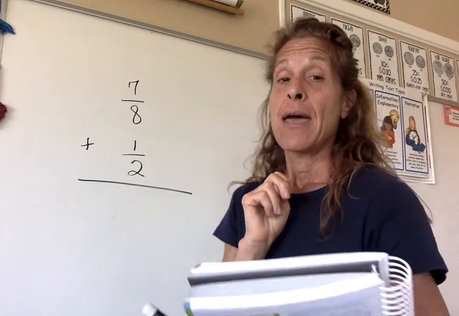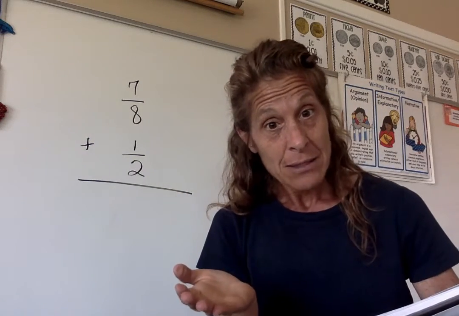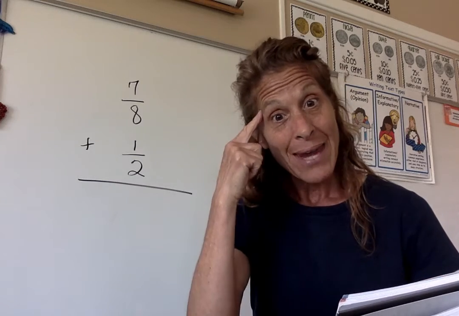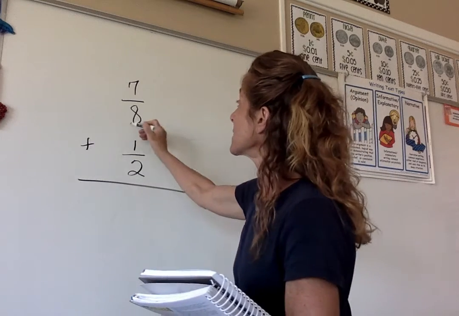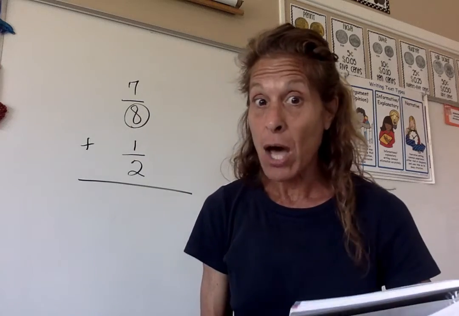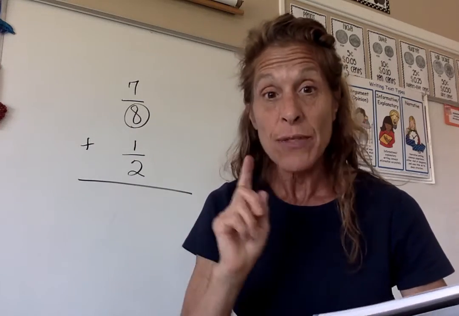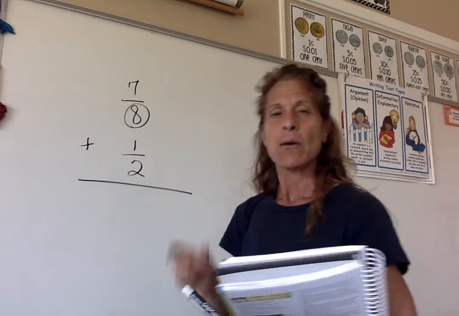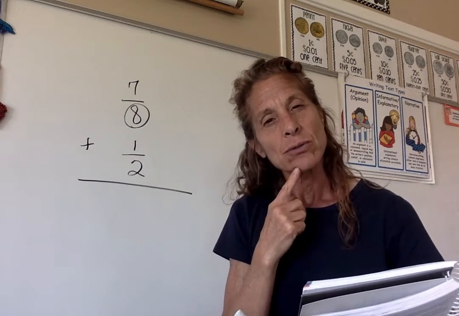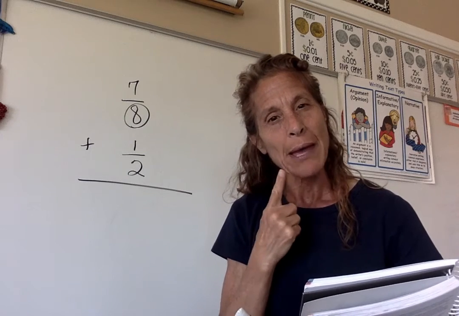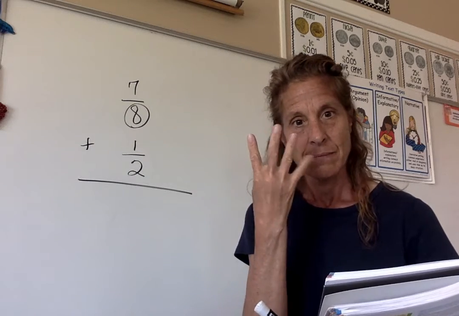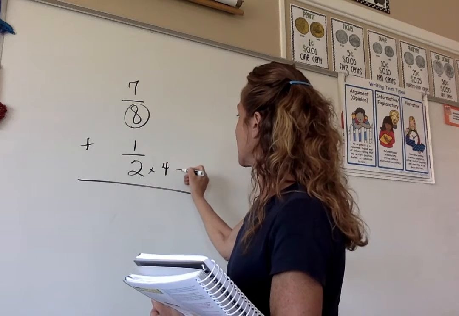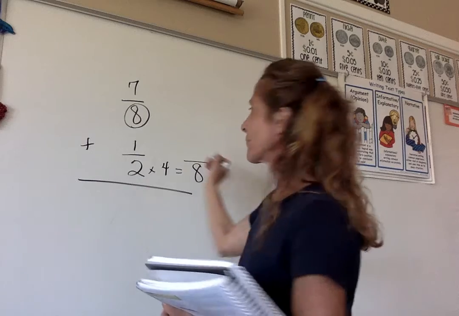So if I know my multiplication facts, which I do, I know automatically already I can use this 8 as my common denominator because I know that 2 can fit into 8. All right? So, but how do I get the 2 to become 8? What do I got to multiply it by? Okay? 2 times 4 equals 8.